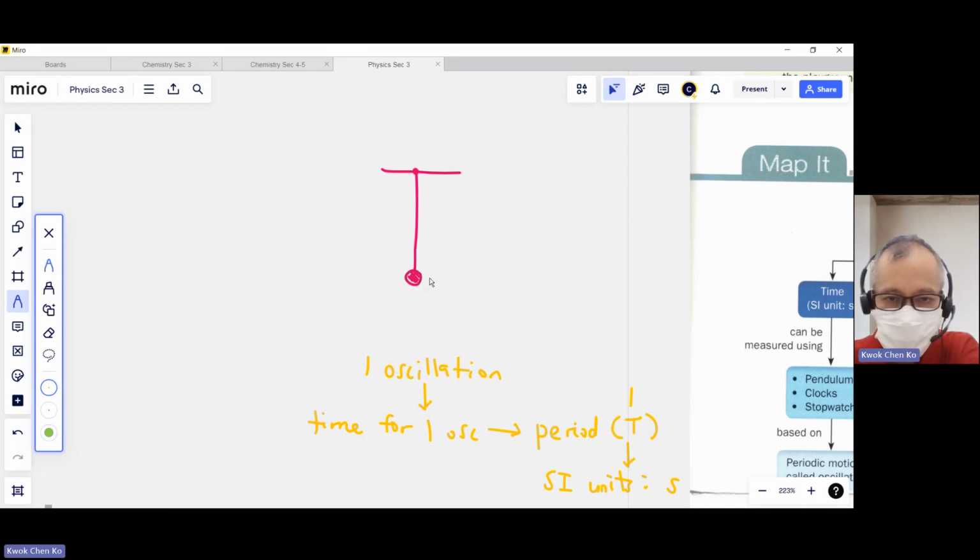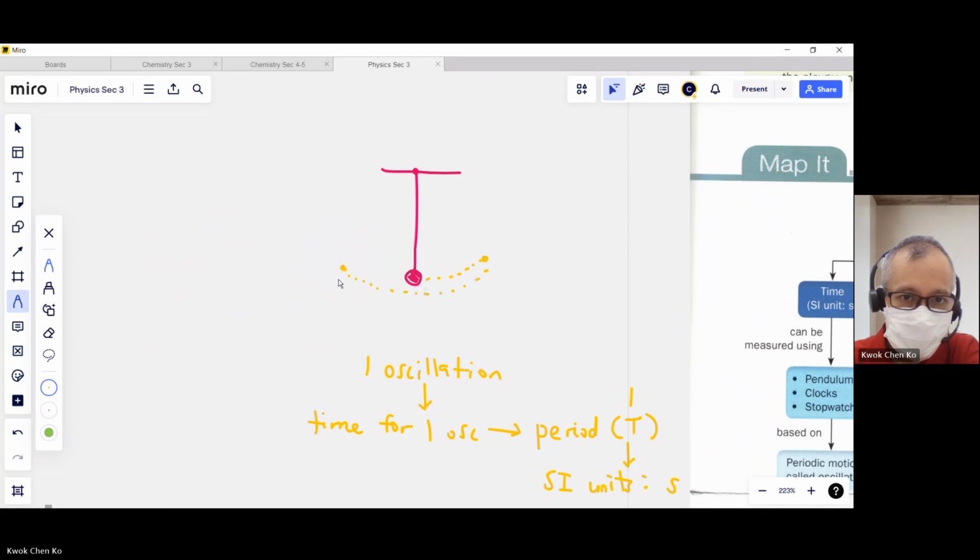So it is going to continue to swing, maybe up here, reach the max, it goes downwards again, up, and then of course downwards and upwards, and then it goes downwards again. Now I want you to be very clear. For this case, up, down, is also counted as one oscillation.